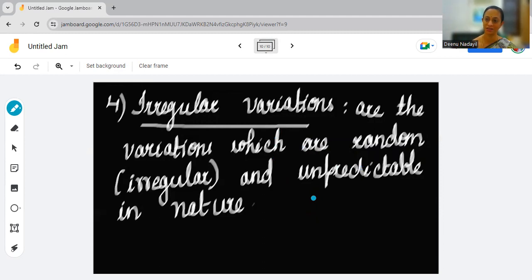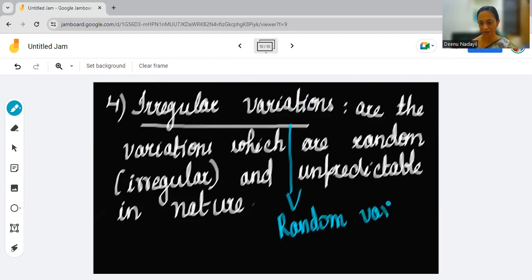Sudden increase in the price of vegetables due to a state bandh, that we cannot predict. Irregular variation is also called random variation.